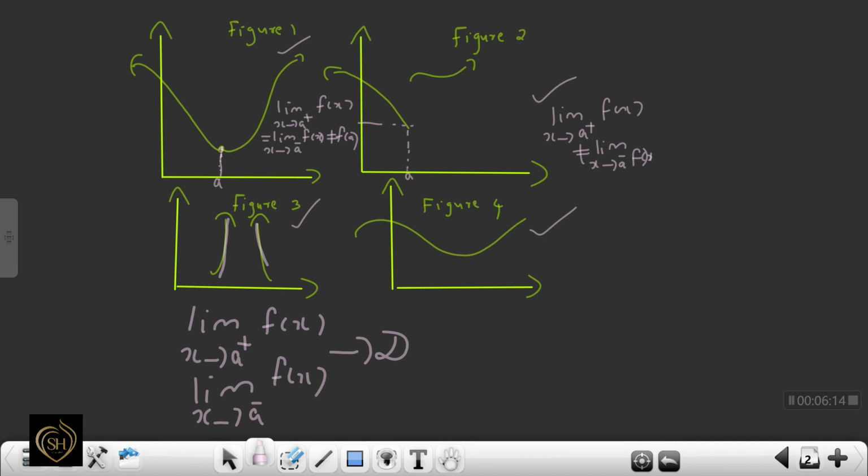Moving on to the fourth one. When you see the limit from the right and the left, they coincide, and are also equal to the exact value of the function.